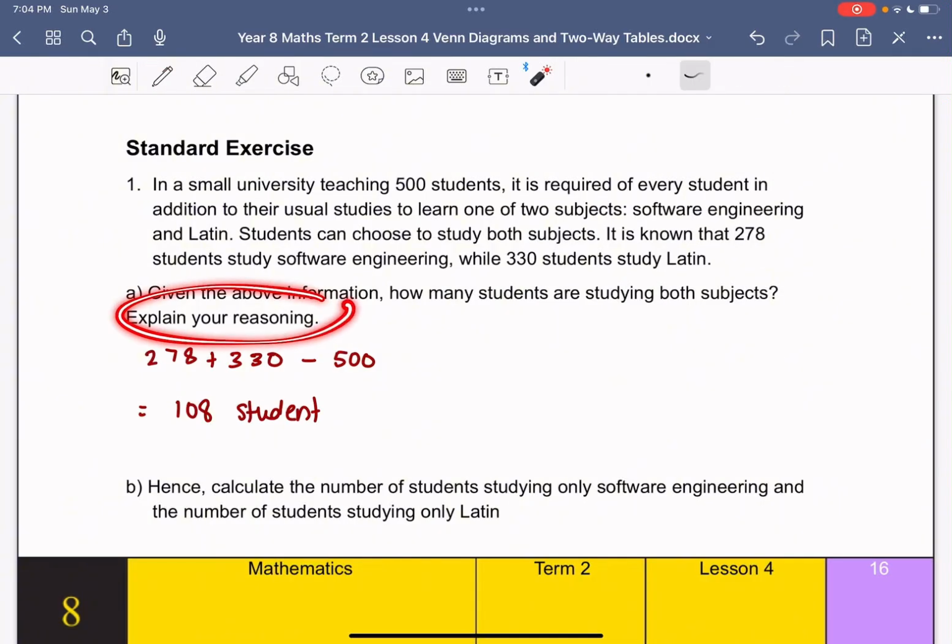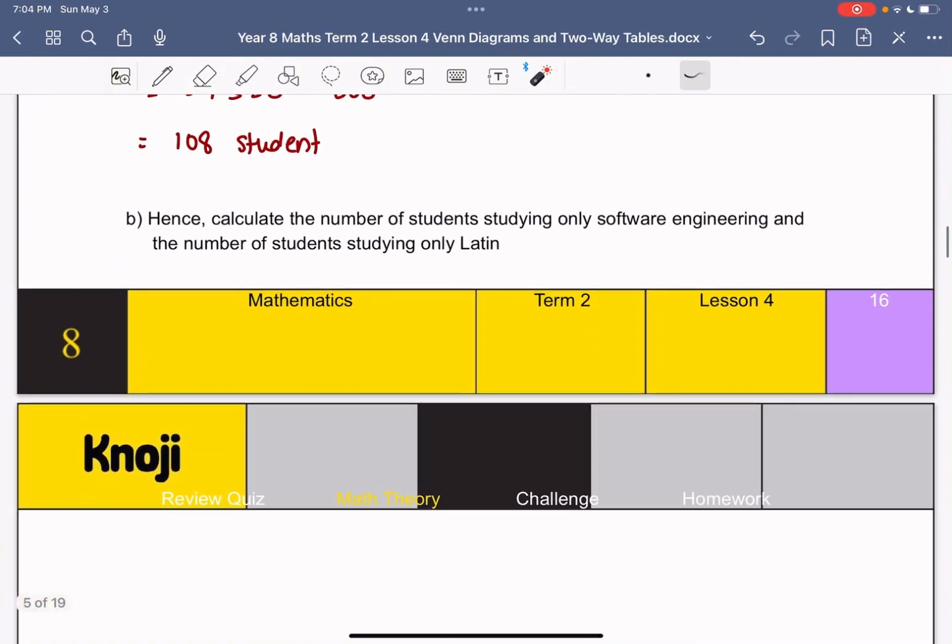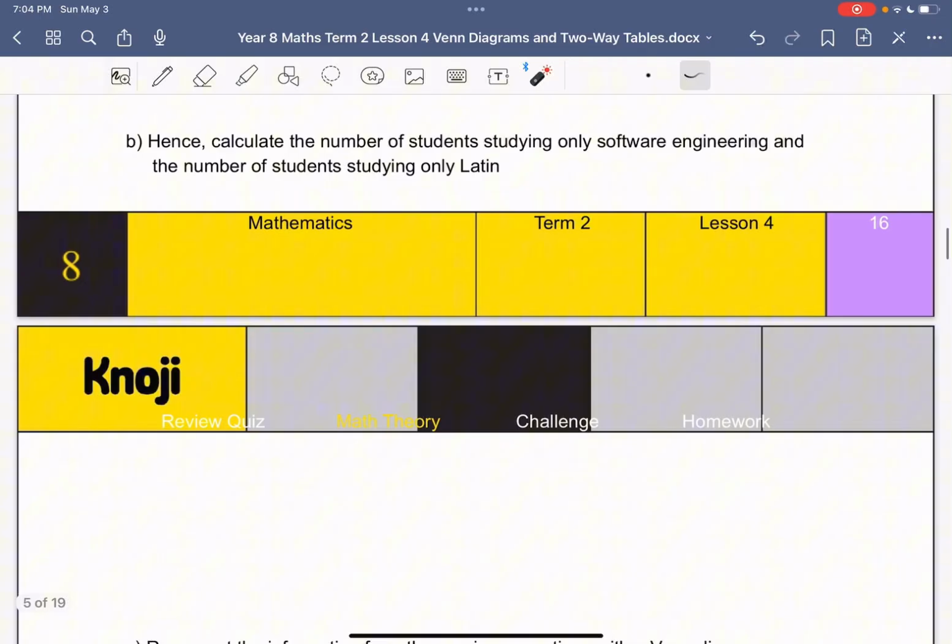Now my reasoning is that since every student takes at least one subject, we subtract the total from the sum of software and Latin. So we subtract the total amount of students from the sum of software and Latin to remove the double counting. Hence, calculate the number of students studying only software engineering and the number studying only Latin.